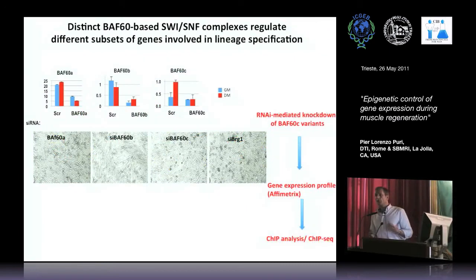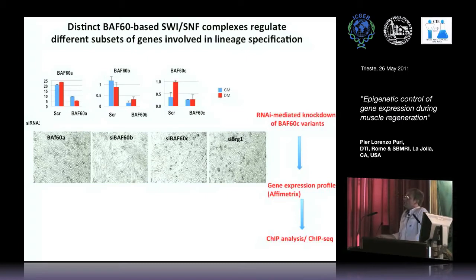So to start to elucidate the function of BAF60, we have adopted a complex approach consisting of the RNA-mediated knockdown of the 3 BAF60 variants, A, B, and C, and BRG1 as a control, a gene expression profile, a ChIP analysis, and the ChIP-seq, which is still running.